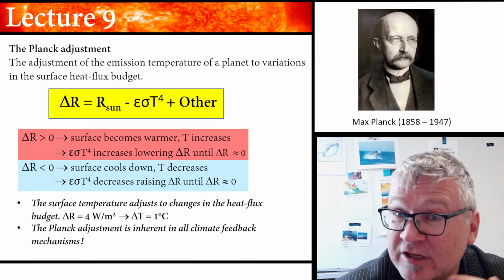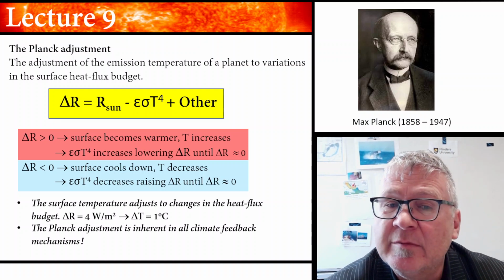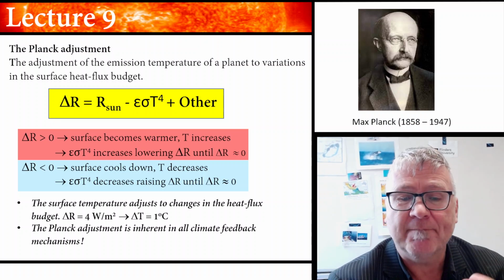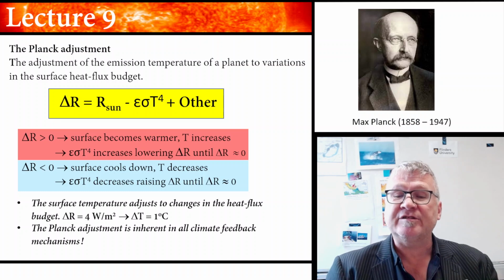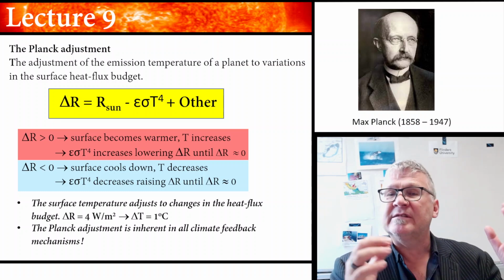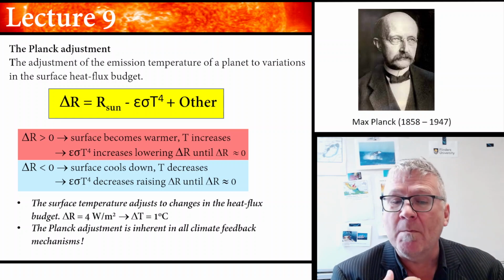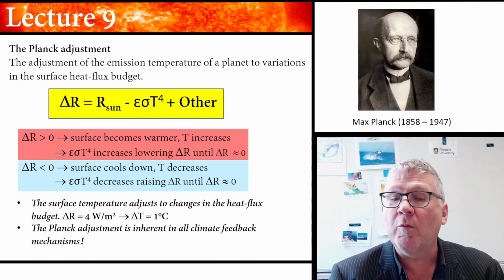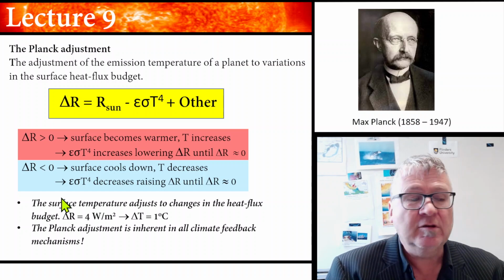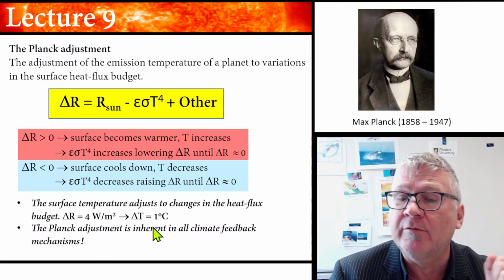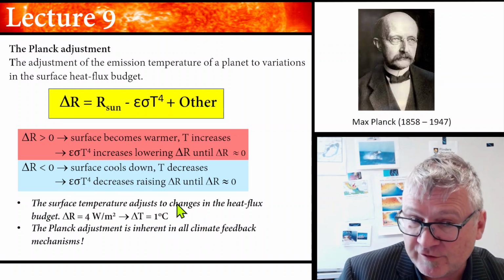And this is an adjustment process. So whatever disturbance you get in the climate system leads to a Planck adjustment. Okay? So the surface temperature adjusts to changes in the heat flux budget. And just as a little guide of how much, if you get a change of 4 watts per square meter, you can work out that this corresponds to a temperature change of 1 degree Celsius on average.